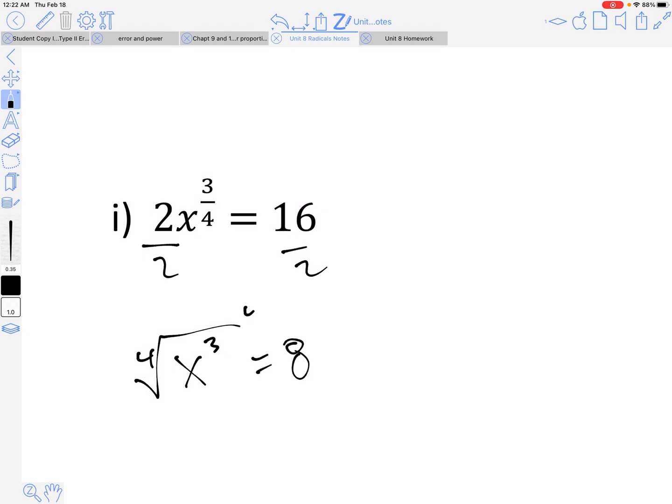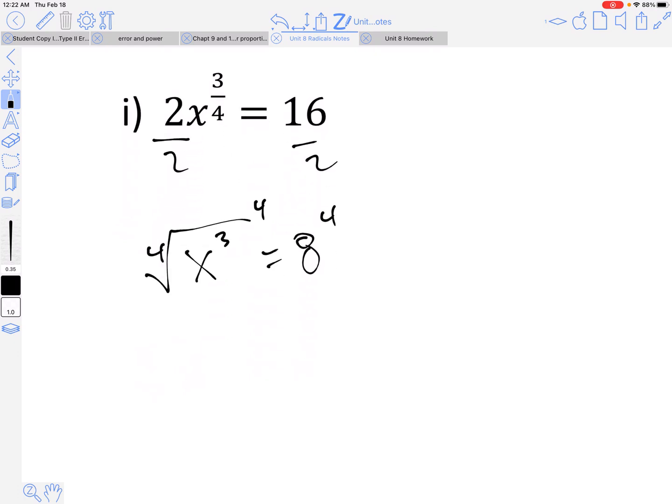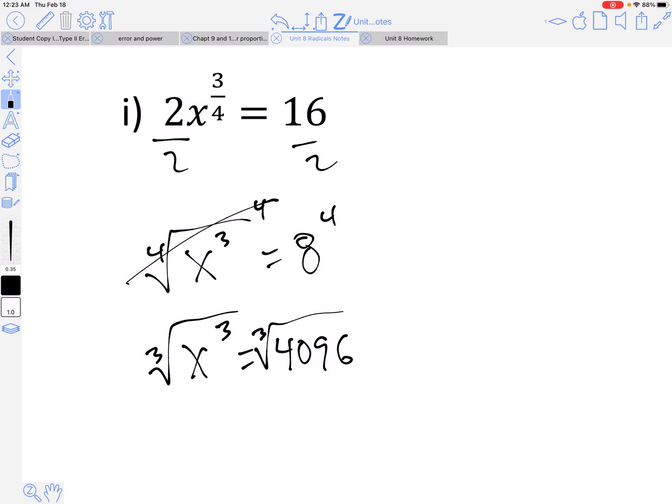Okay, so I'm going to raise it to the power of 4. That'll cancel that out, leaving us with x cubed equals a big number again, 4096. We take the cube root, and if we take the cube root of that, if you remember, I think we did this one before, we're going to get 16.